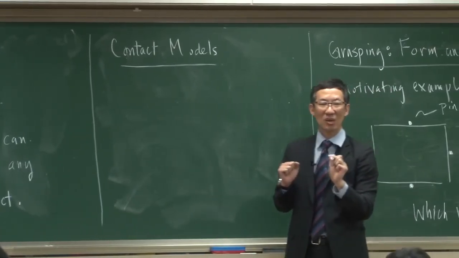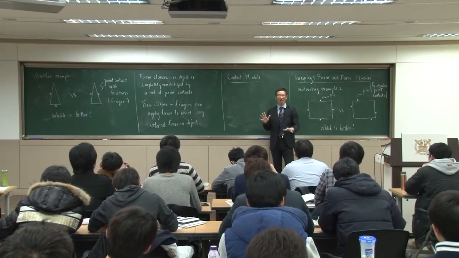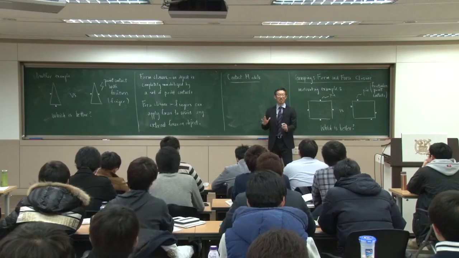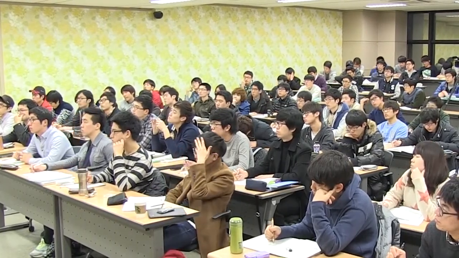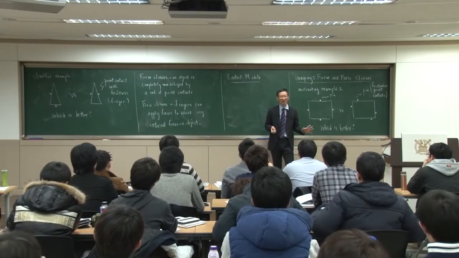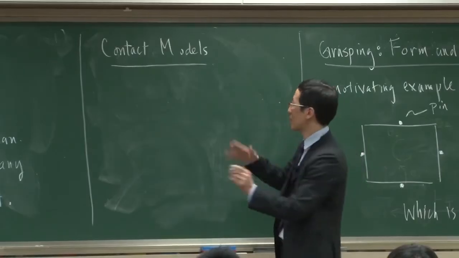Those of you who have taken dynamics are probably quite familiar with this. Those of you who haven't, you may have to go back to freshman physics or maybe high school physics, where you studied Coulomb forces and friction. So here's a refresher.